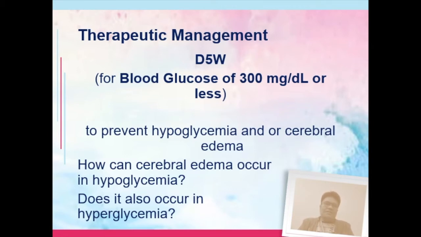And if it is hyperglycemia, how can hyperglycemia, if it can, produce your cerebral edema? So take note, when I say cerebral edema, that would lead to the increase of your intracranial pressure. And the increase of your intracranial pressure could possibly manifest as signs and symptoms like that of your stroke. So your patient will have altered level of consciousness due to increased intracranial pressure.